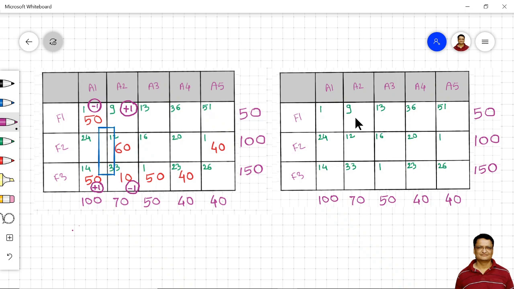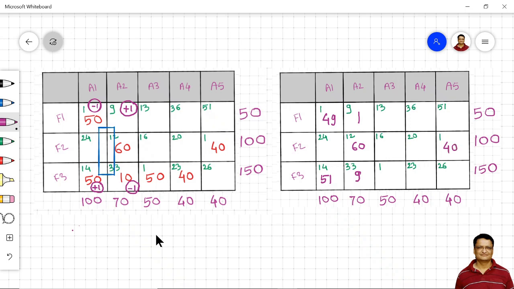If I want to make one allocation over here, I will have to reduce one allocation from this point so as to balance the table, and I need to add one allocation at this point, so this will become 51, and I will reduce one allocation from this point, so this will become 9, and this 60, 40, 50, 40 will not get hampered because they are not part of this loop.